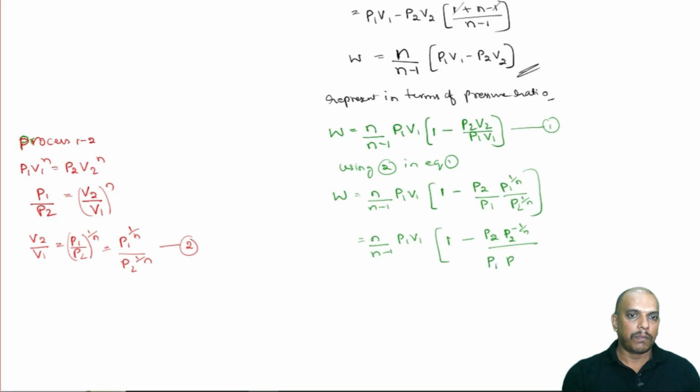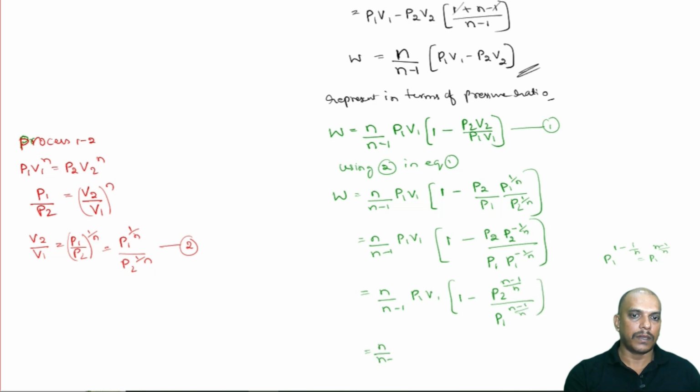So, P1 power minus 1 by n. Now, let us add the powers. So, we will have n by n minus 1, P1 V1, 1 minus P2 power n minus 1 by n, divided by, similarly here P1, if you write 1 minus 1 by n, that will be n minus 1 by n.